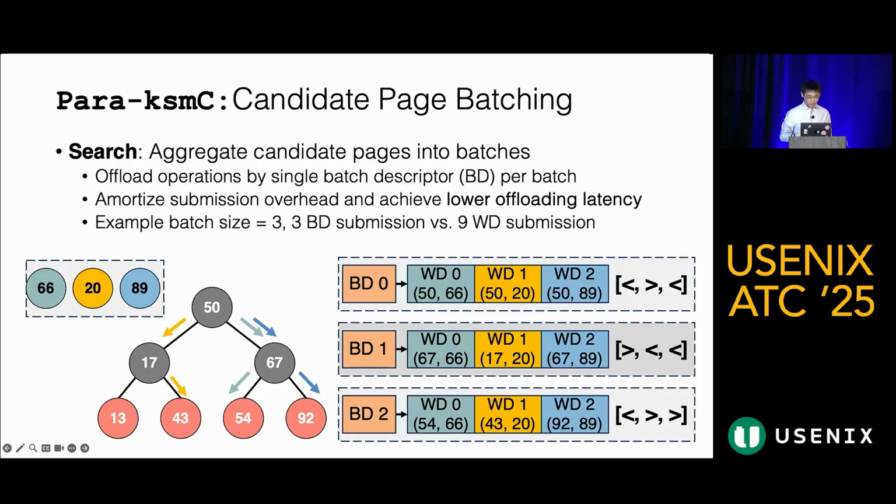As you can imagine, we only need to submit batch descriptors 3 times, BD0 to BD2, while in the previous DSA-ksm, we had to submit these work descriptors one by one, which means offloading 9 times. In this way, we save offloading time by reducing the number of descriptors, and thus achieve lower average offloading latency.